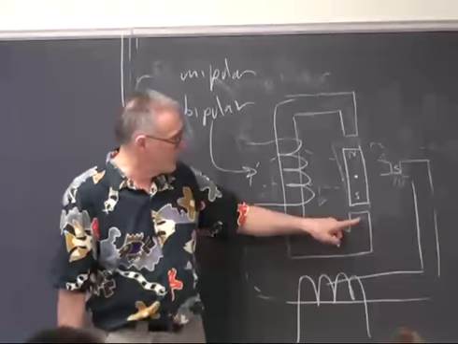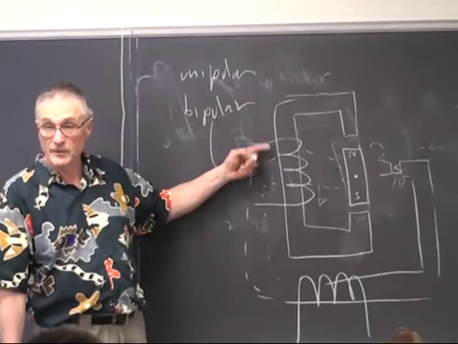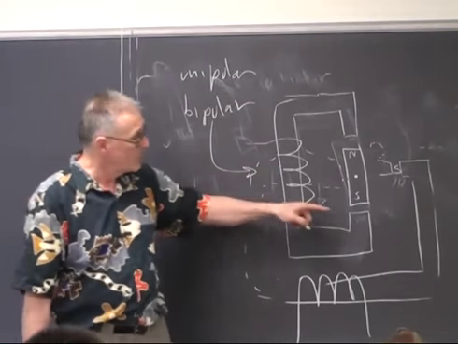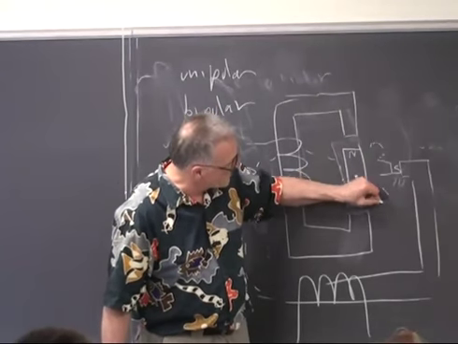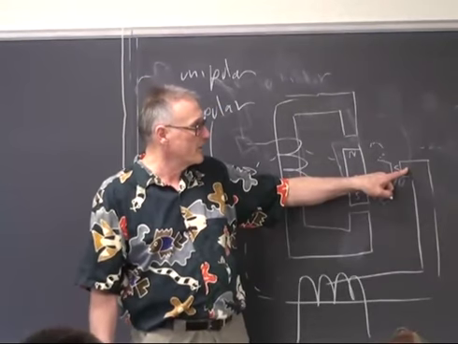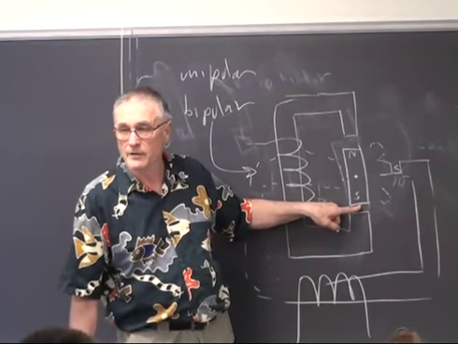Now you make this a south pole by flipping the direction of the current in this coil. The motor moves to this position. You turn off this coil, and now the motor moves to this position. And now you've done a half turn.